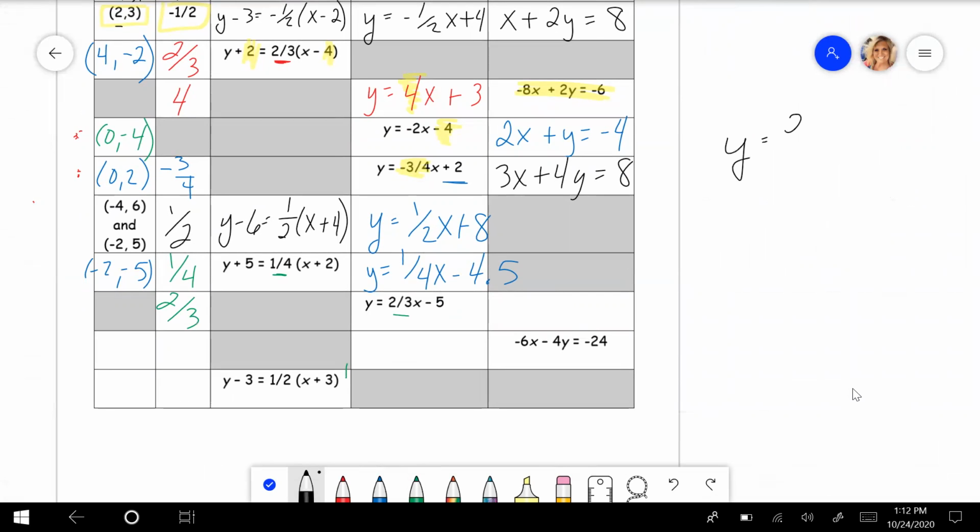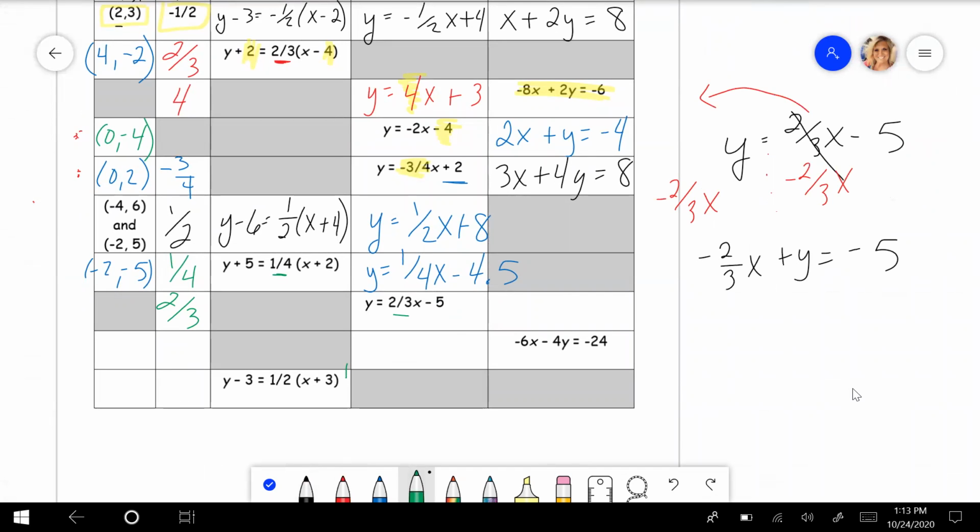Y equals 2/3 x minus 5. I'm going to move the 2/3 to the left. So I'm going to subtract 2/3 x from each side. Now I get -2/3 x plus y equals -5.